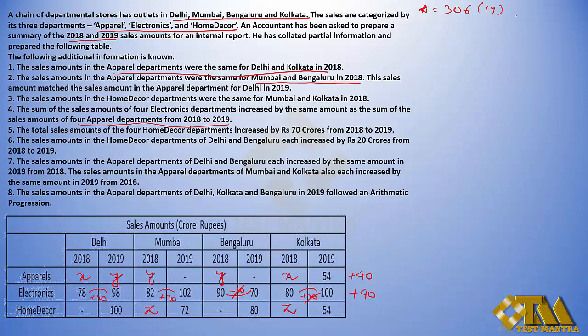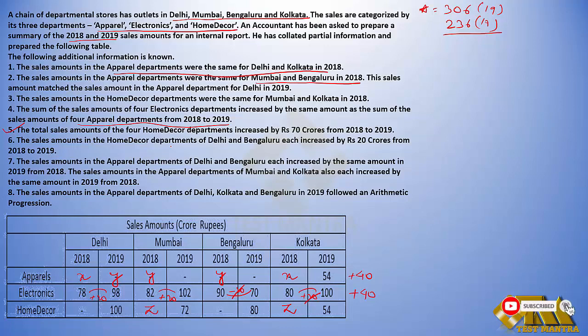So in 18 it is supposed to be 70 lesser than this value, right? So it will be how much? It should be 236. The value is supposed to be 236 here. So I can just mark this part, at least I can find out this information. So this is one of the information with which I can start to work on.